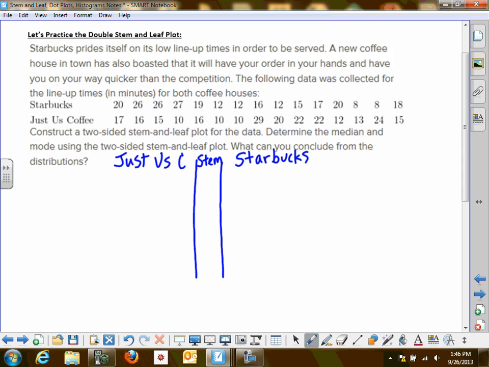Alright, so there's kind of like the start. Let's talk bins. The data's going from 8 to 29. Who's going to wait 29 minutes for coffee? I don't know. Somebody who's asleep is who that is going to be, I guess. But, how do you want to do your bins?